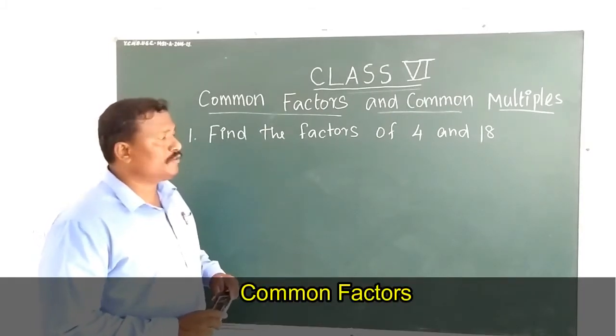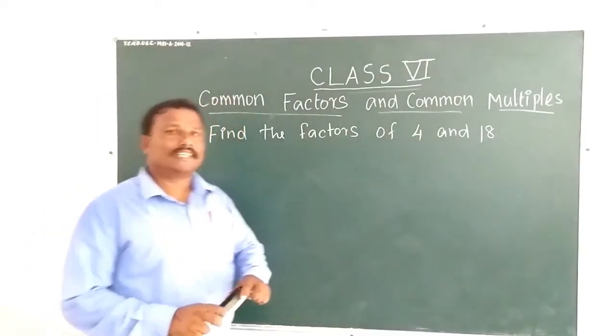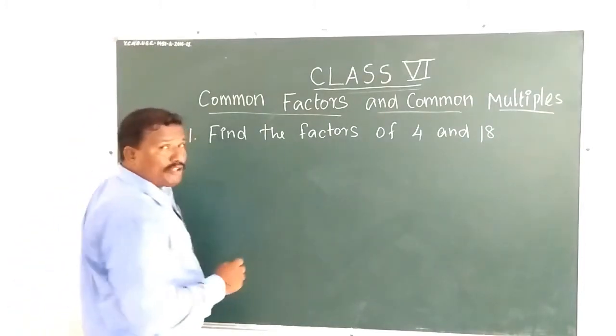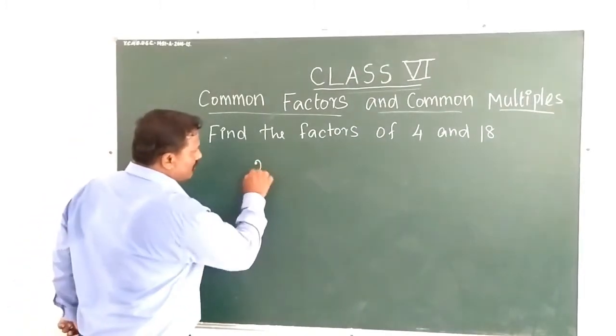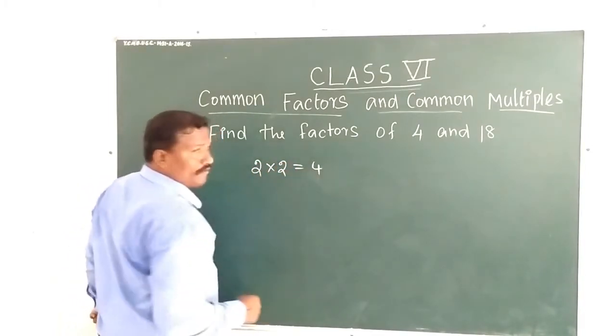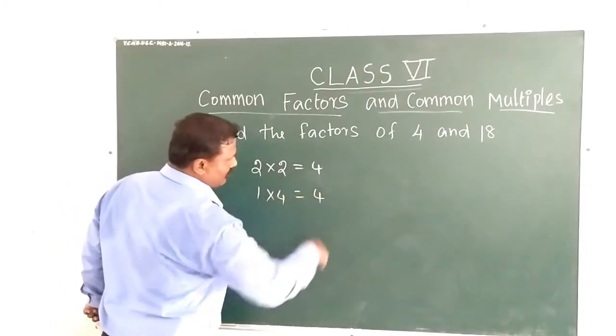So if I say find the factors of 4 and 18, how will you find the factors? Example, first I am going to find the factors of 4. 2 2s are 4. 1 4 is equal to 4.